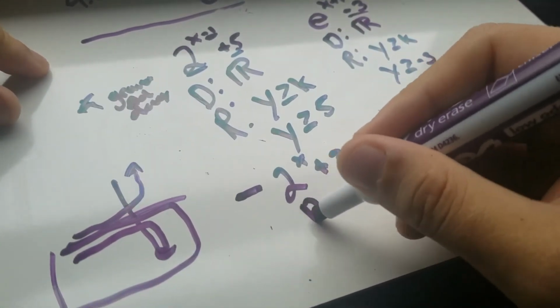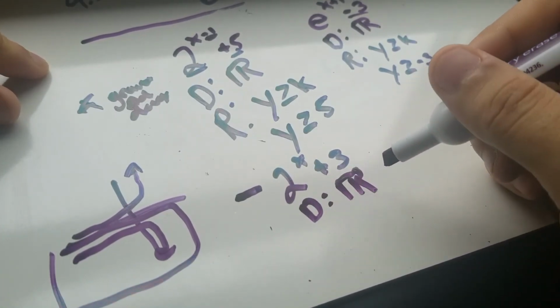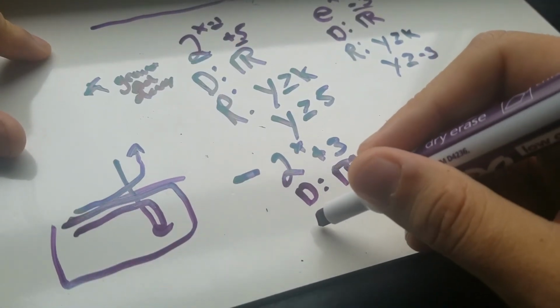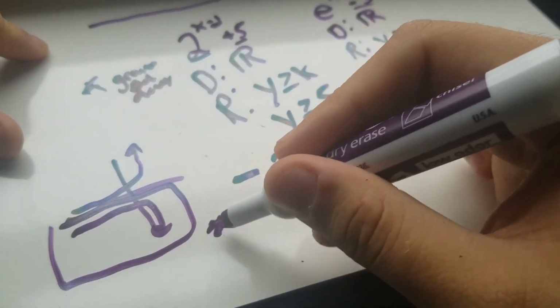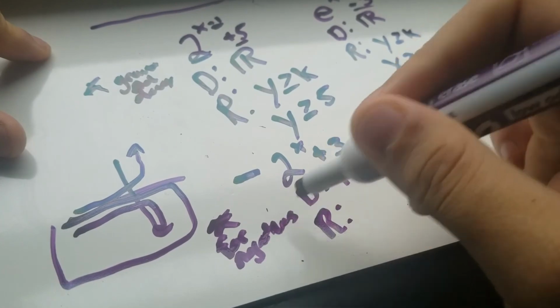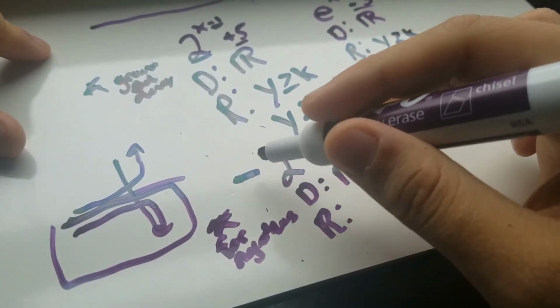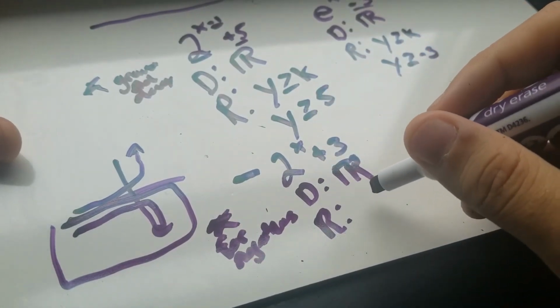So our domain has not been changed. For all growth and decays, it's always all reals. For a range, there's a slight difference, and maybe you want to put an asterisk for negatives, negative being the a, the number in front of the thing that's getting exponentiated.